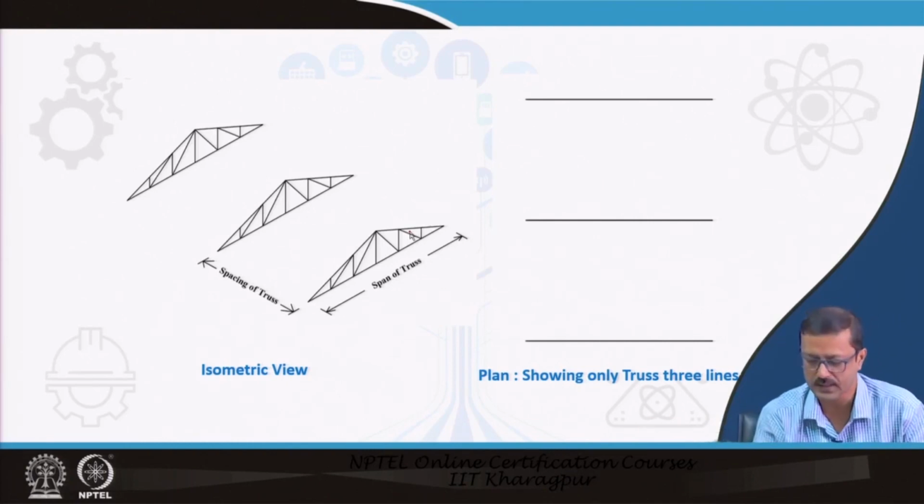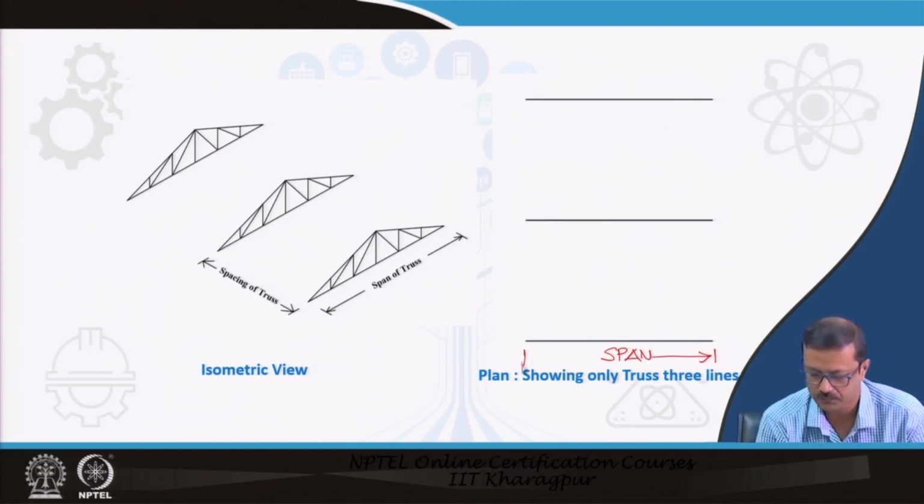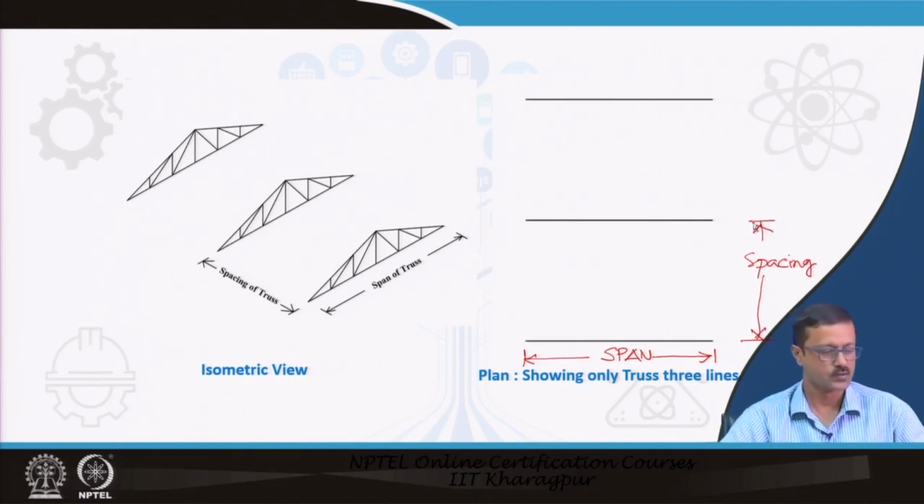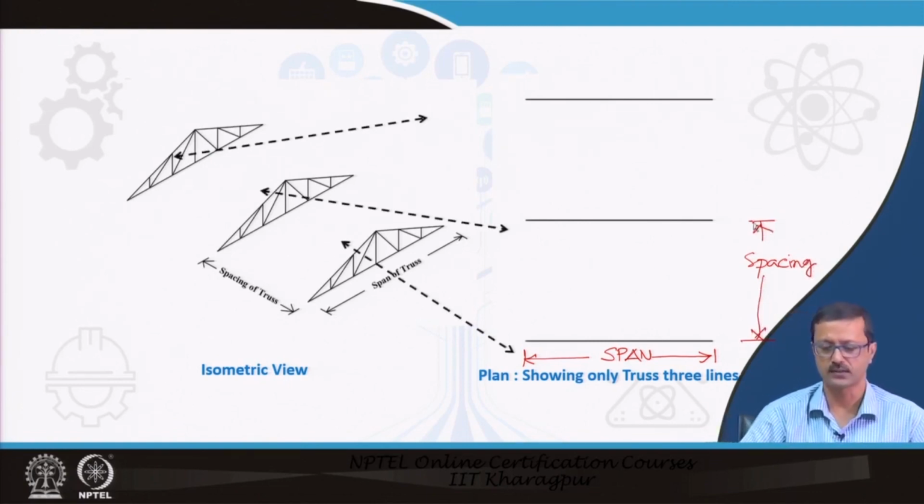So this is the span of the truss, and this is the spacing of the truss, as per my plan view. This is how the plan shows the spacing and the span.